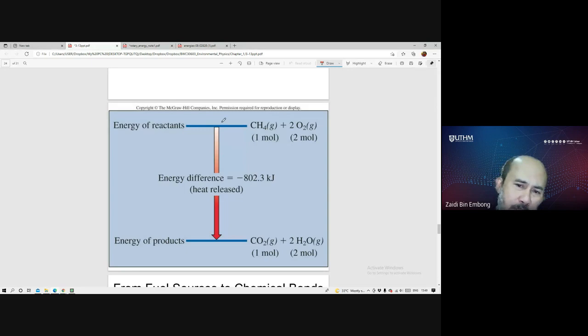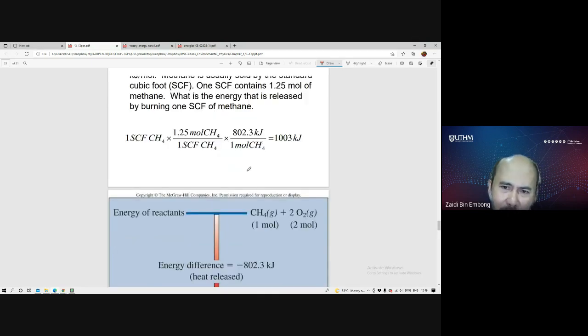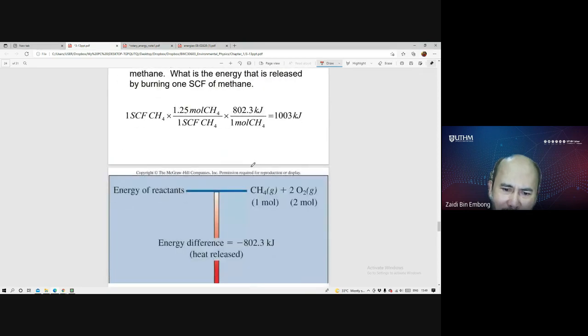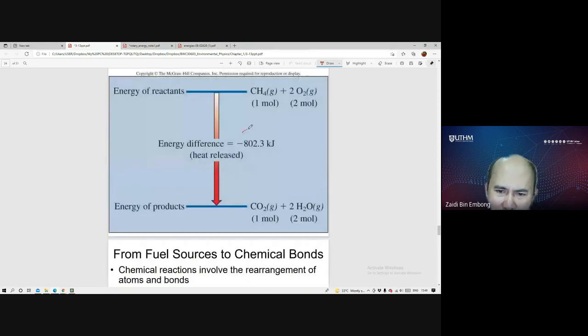Now, the difference between this one and this one is approximately 800 something, as you calculated just now. It is negative, so we release the energy of 802.3 kilojoules.